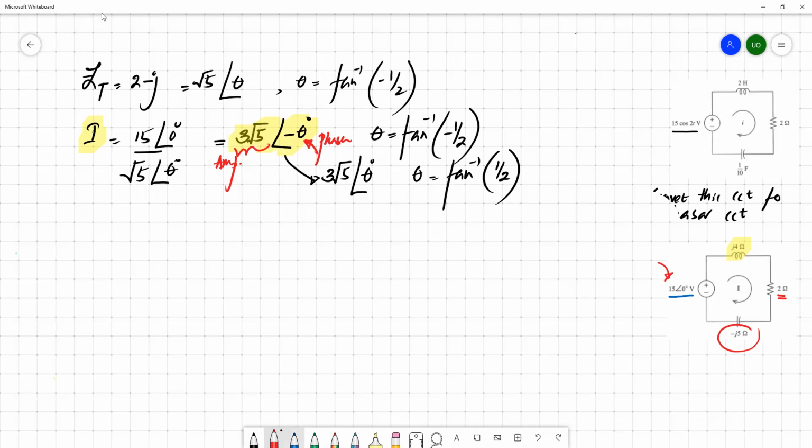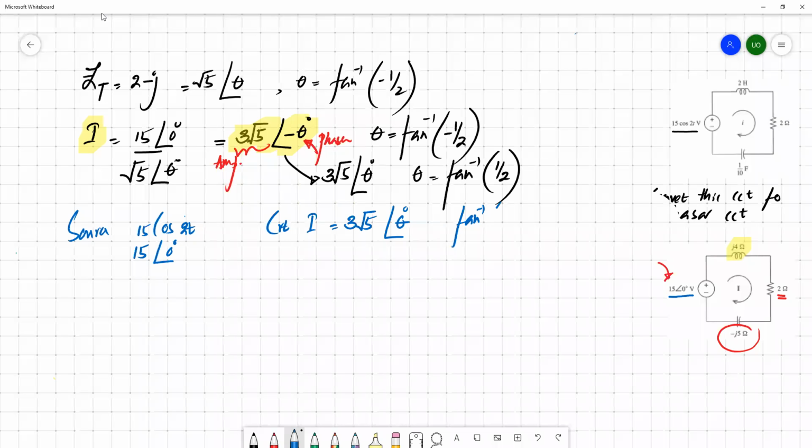So then the voltage source is actually in the form of 15 cos 2t. We convert it like this, 15 angle 0. Now we obtain the current as 3 root 5 angle of theta, with tan inverse half.